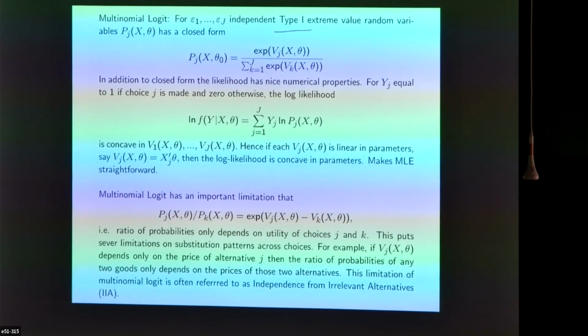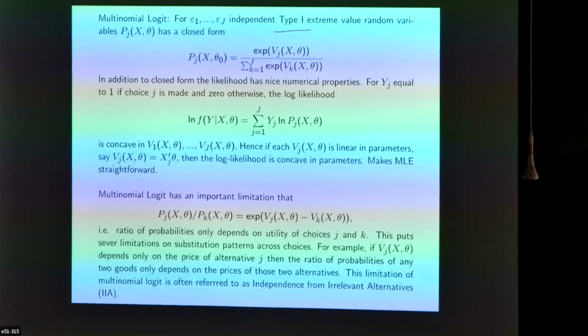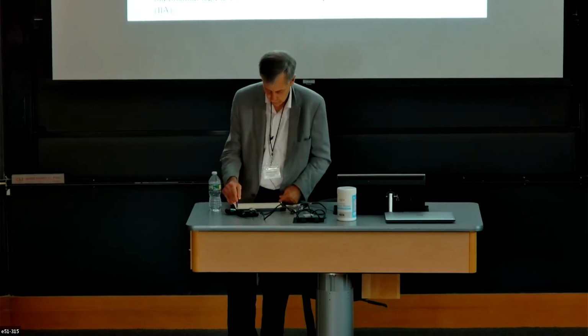Even now, a lot of models are based on this. It has nice numerical properties too. If you define the dependent variable y to be a vector of J dummy variables, each dummy variable representing one choice, equal to 1 if the choice is chosen and 0 otherwise, then the multinomial choice likelihood has a form that looks like this.